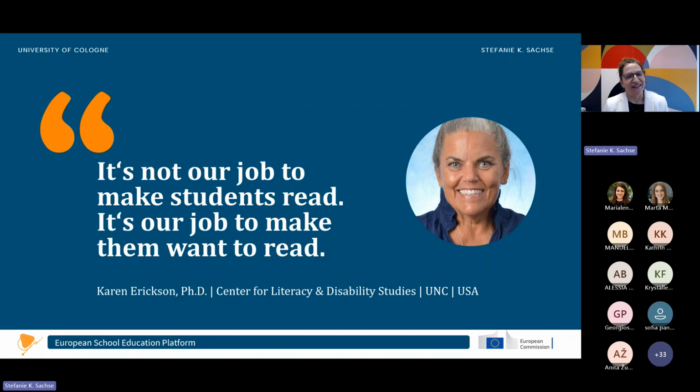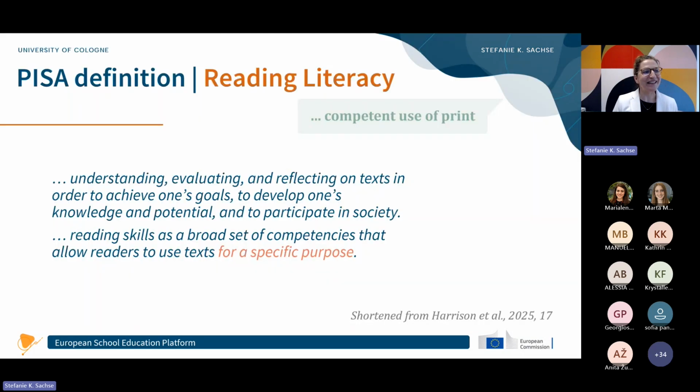Now, we are moving on towards conventional literacy. The PISA definition of reading literacy, again, is not only about reading words, about spelling, orthography. Those are important. Please don't get me wrong. Those are central skills.